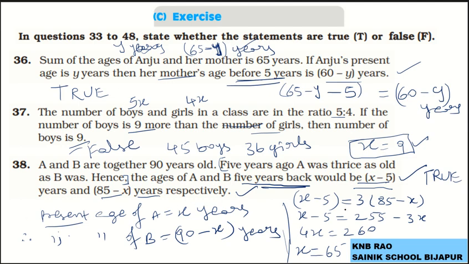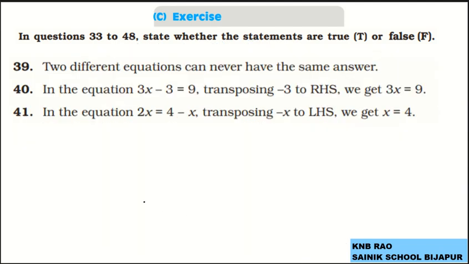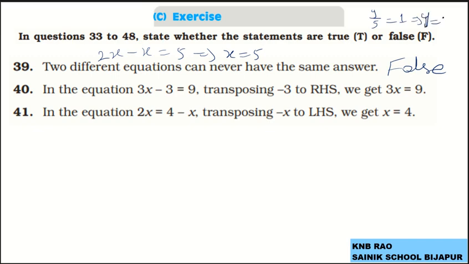Now coming to question number 39. Two different equations can never have the same answer. It is false. Two different equations can have the same answer. For example, 2x minus x equals 5 implies x equals 5, and y by 5 equals 1 implies y equals 5.